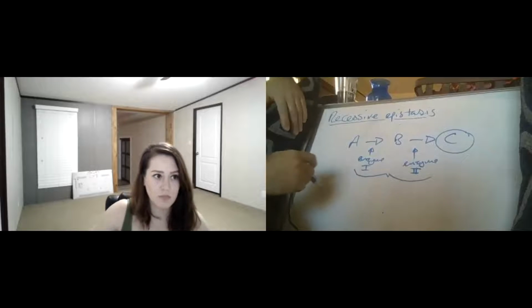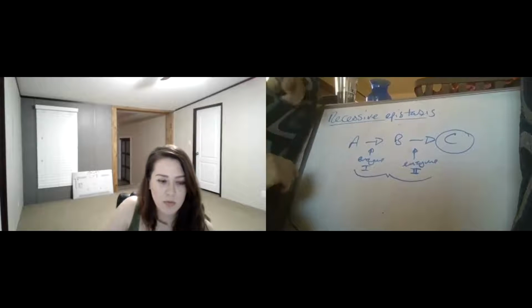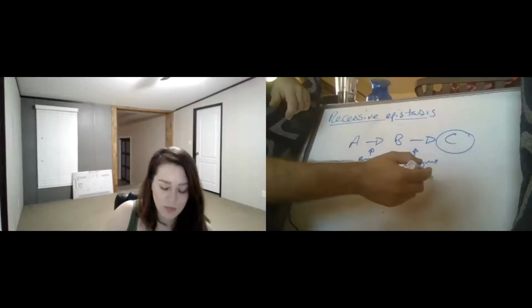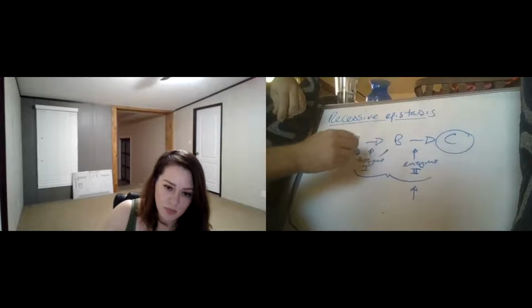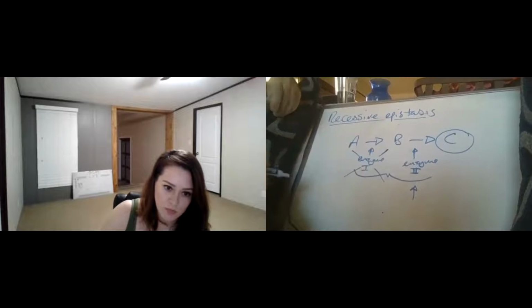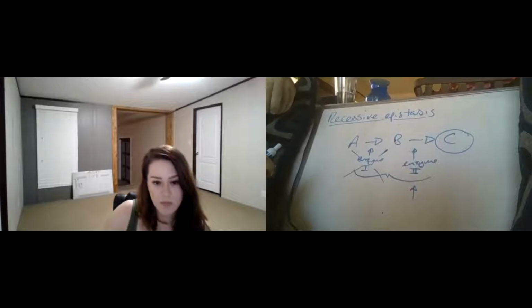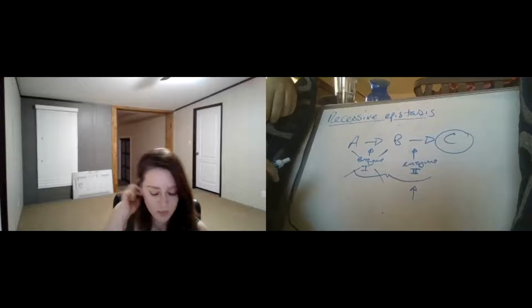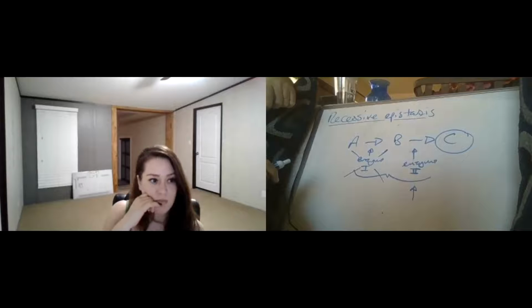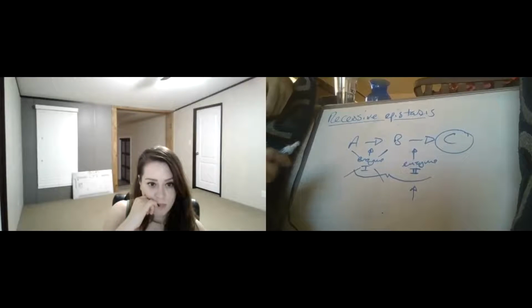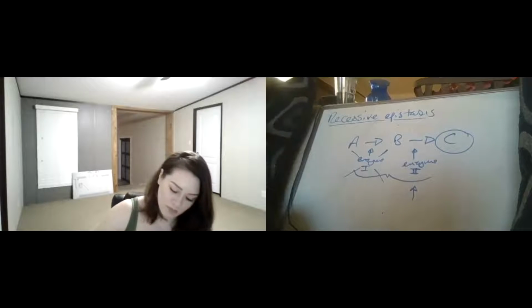And so what would happen to the phenotype of enzyme 2 if you have a homozygous recessive genotype for enzyme 1? This is not codependence. Yeah, I guess that's one way of talking about it. We call it epistasis because we're actually talking about the order in which things occur as well.